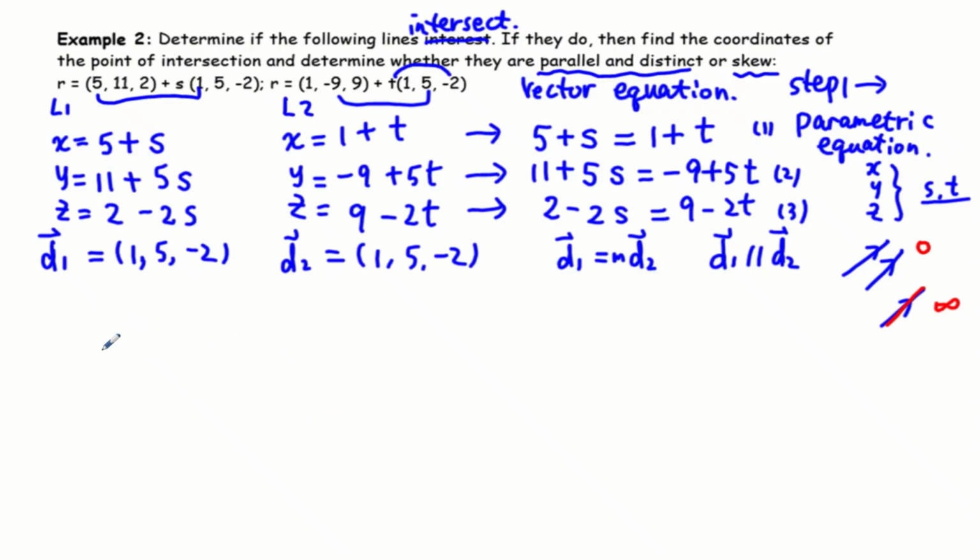And this time we could use a different method. Instead of elimination method, we have one of the variables with coefficient one at front, so we can isolate it. You could continue to use the elimination method, but this time we use the substitution method.